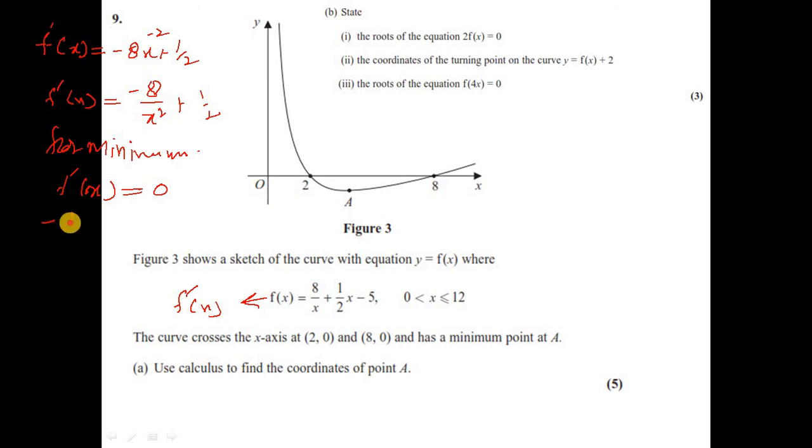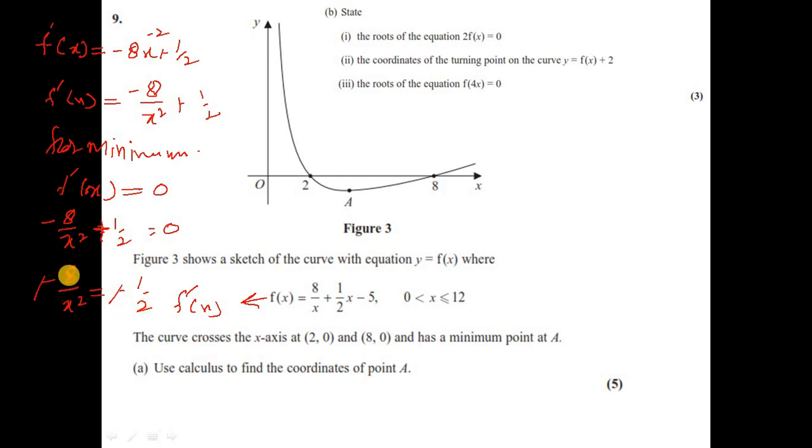So minus 8 by x squared plus half equal to 0. And you can solve this equation for x. You send minus half to the other side, so minus 8 by x squared is equal to minus half, and then minus minus get cancelled.